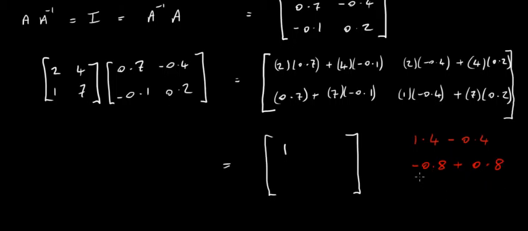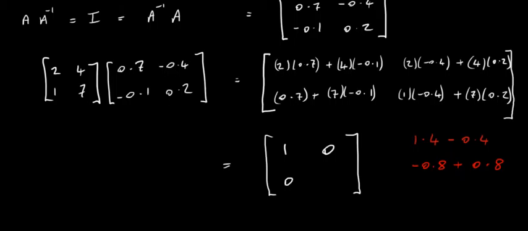So you can see here I'll just end up with 0. Okay, so that's a good sign. So let's see what happens here. Here I've got 0.7 plus minus 0.1 times 7. So again, that's just going to cancel out, and I'm going to end up with 0 here.